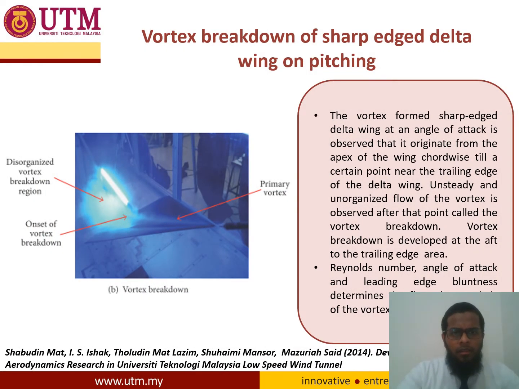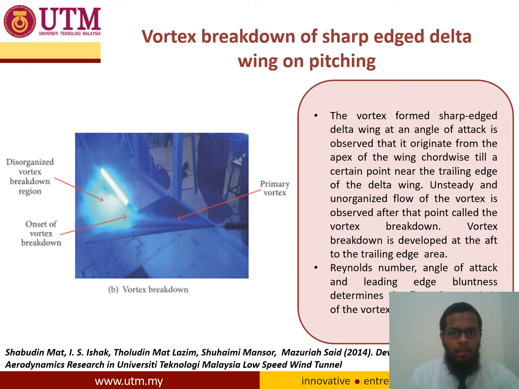In this slide, the continuation of the vortex breakdown. Author Shahabuddin bin Ether, in this paper, has said that the vortex of the sharp edge starts from the apex of the wing to the center of the trailing edge of the delta wing.